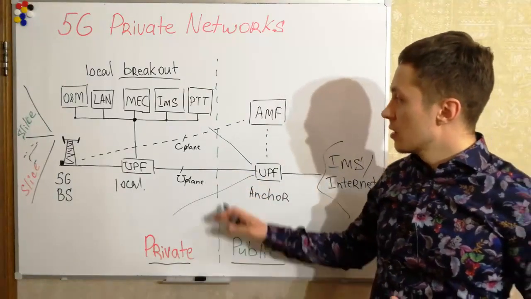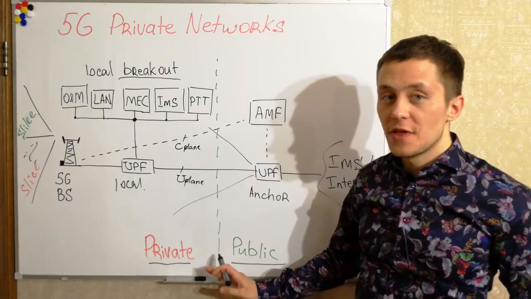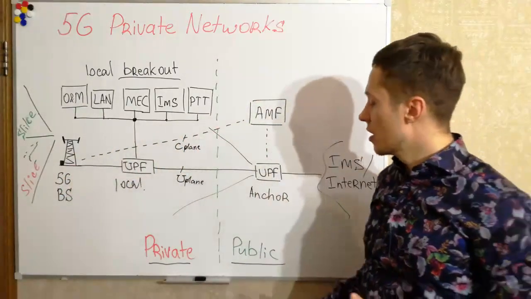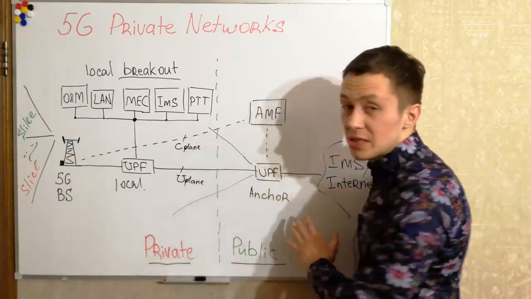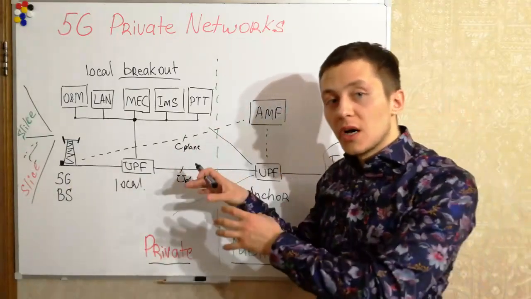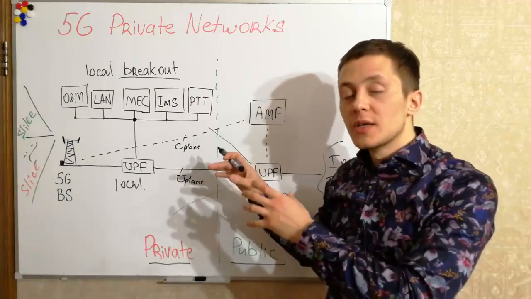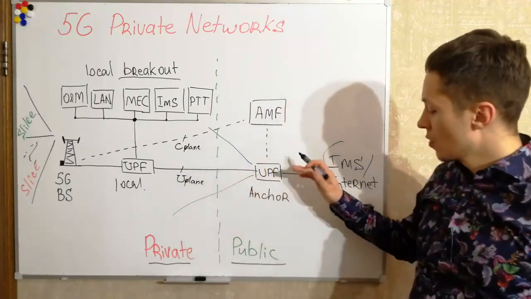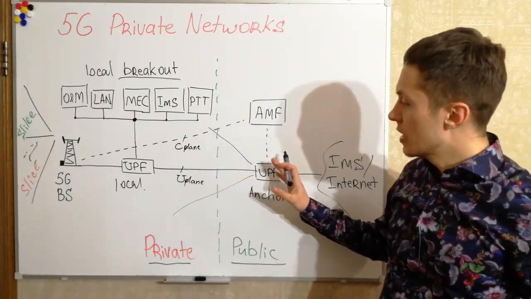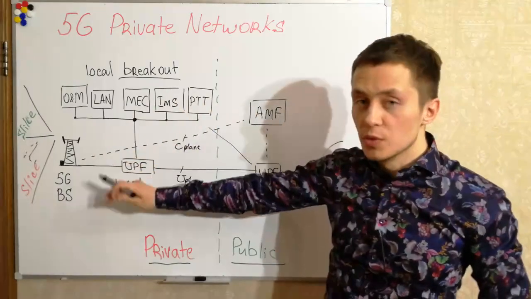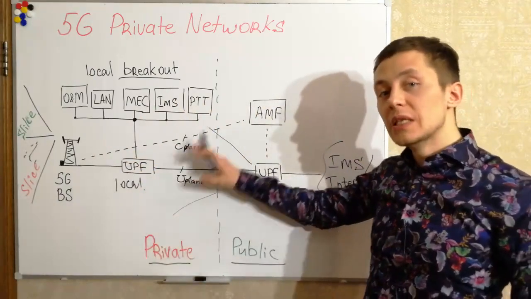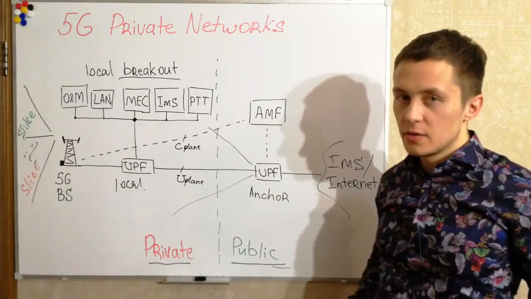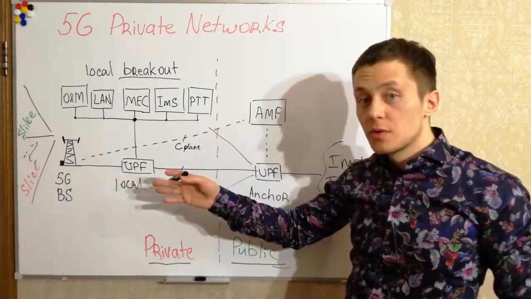Actually, we can adjust that edge, in that way we can, for example, have the full network localized on enterprise hardware premises, or we can deploy our private network completely as a virtual network on the public side or even in a cloud.